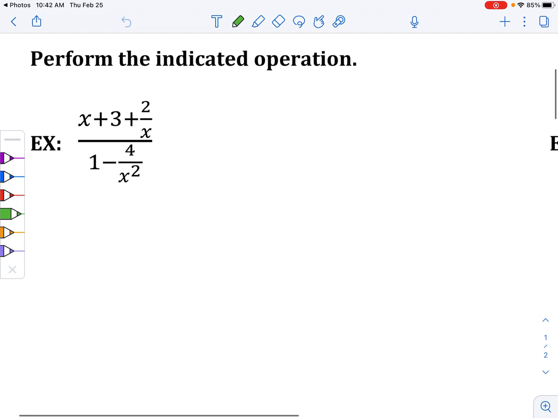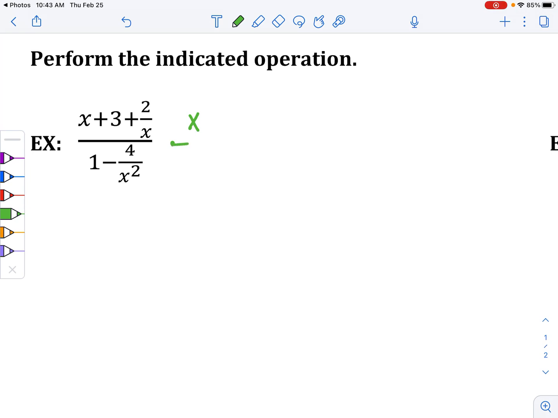First example, we want to divide these fractions, but sadly they have different denominators all across the board. So you have some options. You could multiply the entire numerator by x so that you can cancel out that denominator.